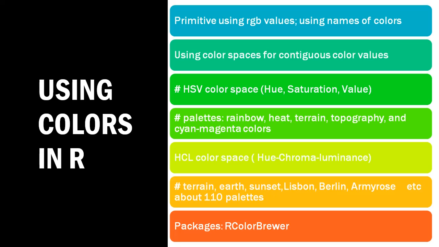The HCL colors are better than HSV colors, and in each of these schemes there are palettes, and a palette is a set of colors already made for us. We can name the palette, and in that palette we can use the colors. Apart from that, there are packages such as RColorBrewer, viridis, etc. We can install those packages and then use the colors, some of which we can see in RStudio. With this background, let's go to RStudio.